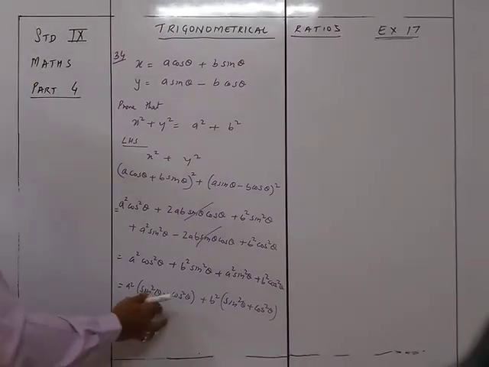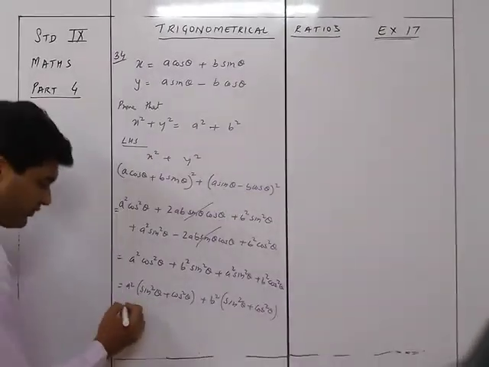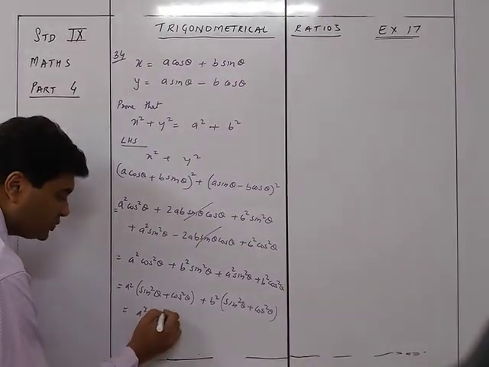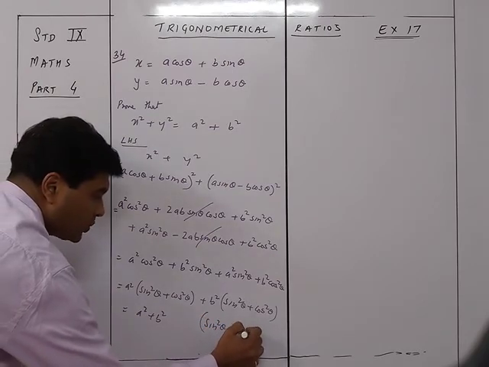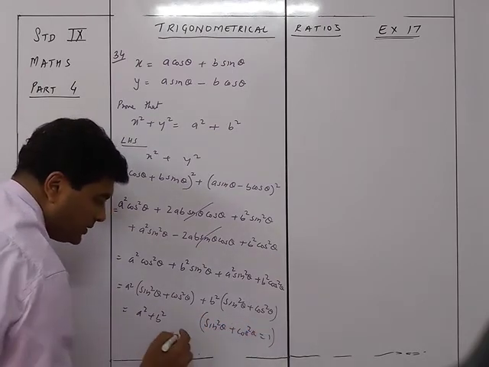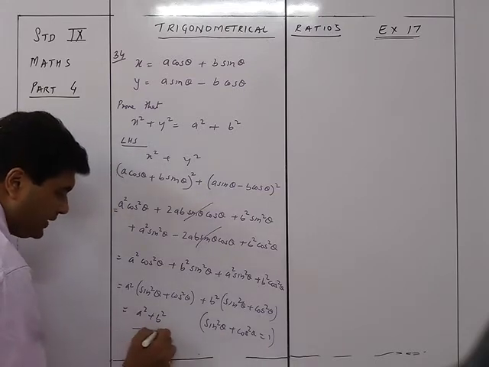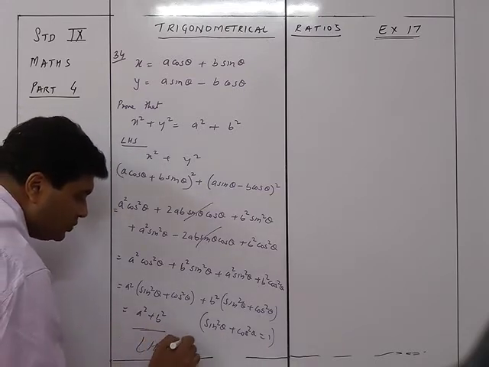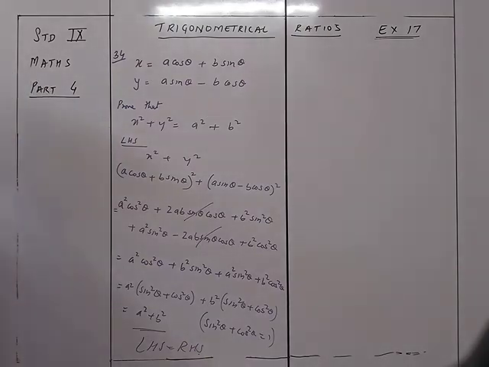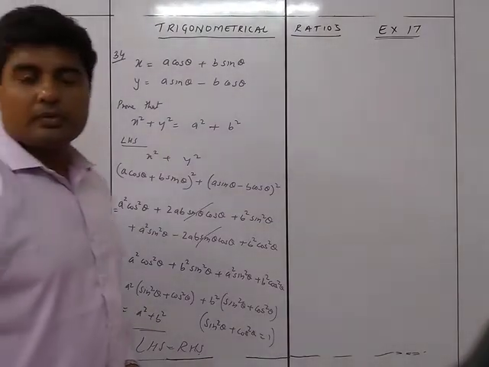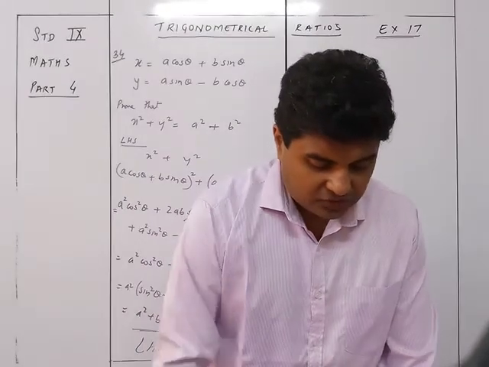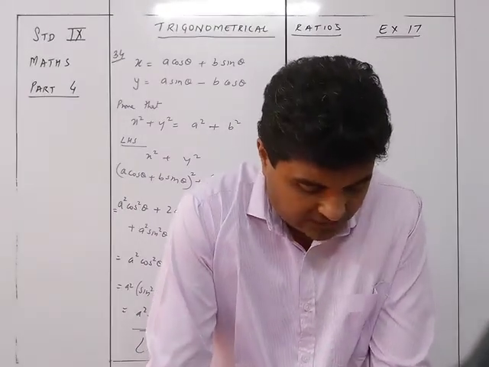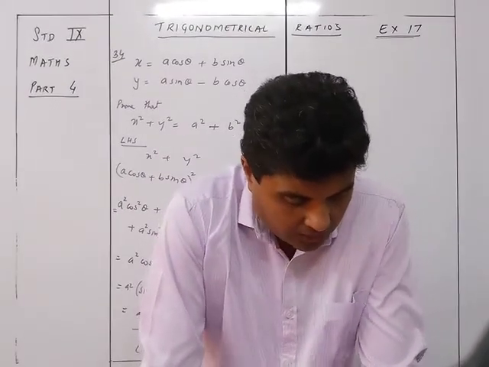But we know that sin square theta plus cos square theta is 1. Therefore, it is a square plus b square. So that's why LHS is equal to RHS. Hence proved. Are we clear with this? So this was your answer for sum number 34.